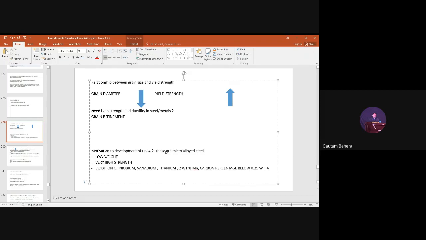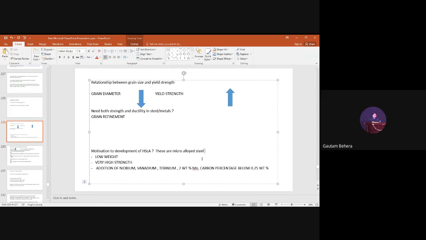Show me different planes: the 111 plane, the 110 plane, and the 111 direction, and the 0001 plane.